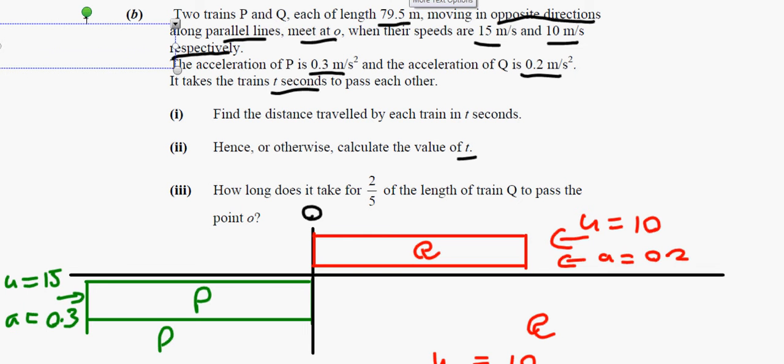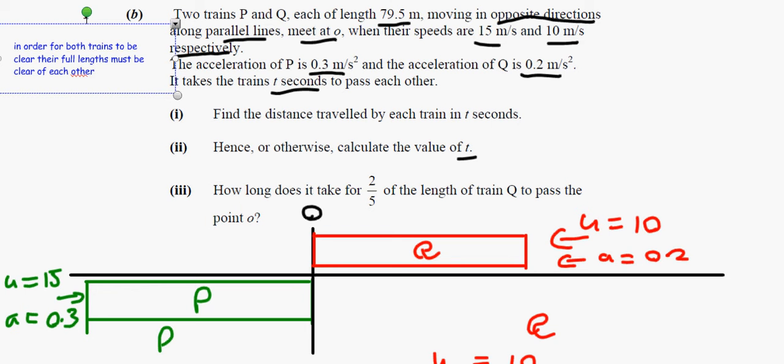So in order for both trains to be clear, their full lengths must be clear of each other.